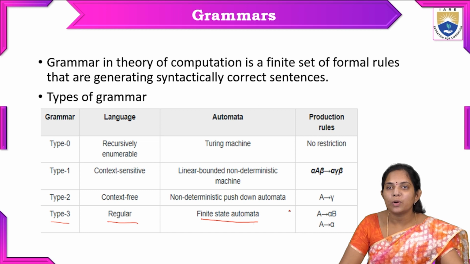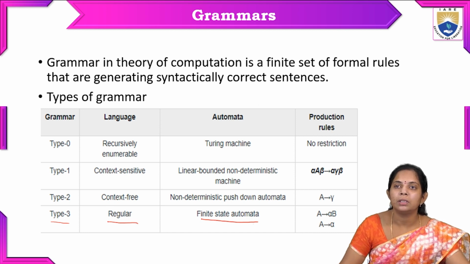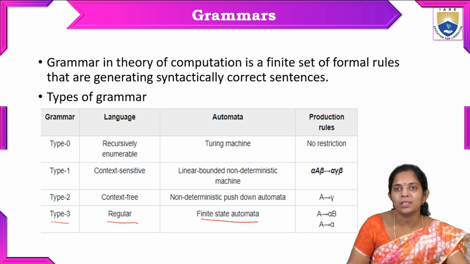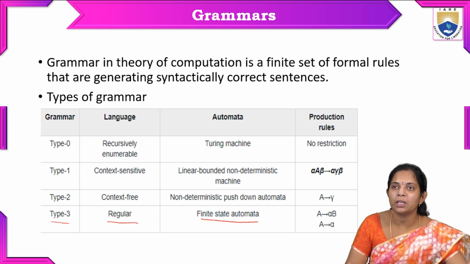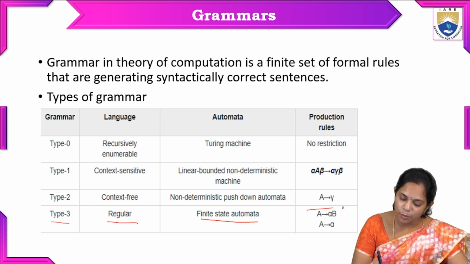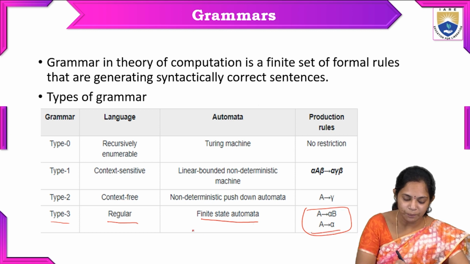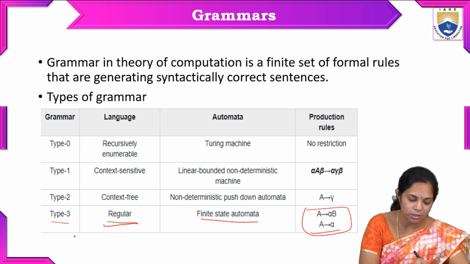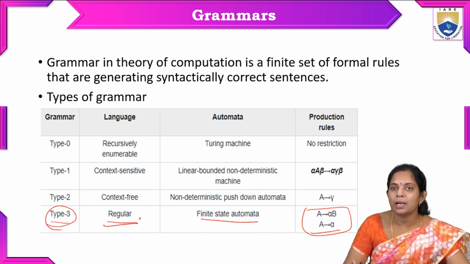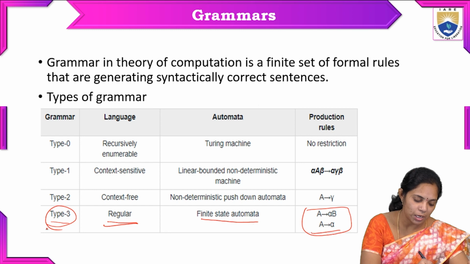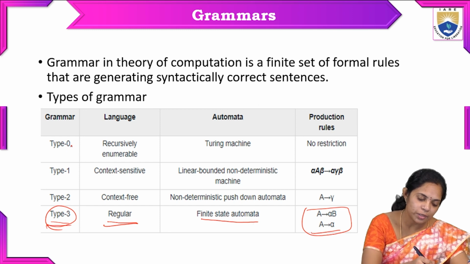We also have to form production rules for the given regular languages. This type 3 is the grammar for regular languages. Here are some types of grammars.